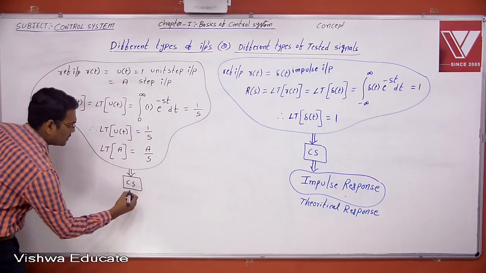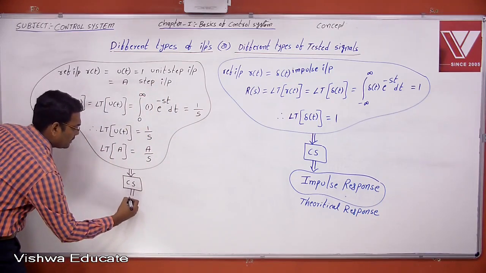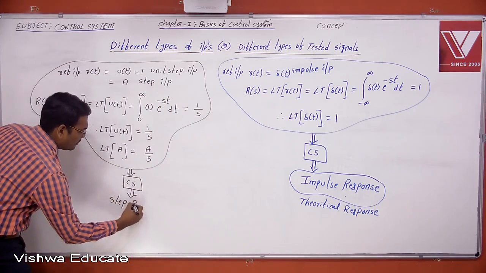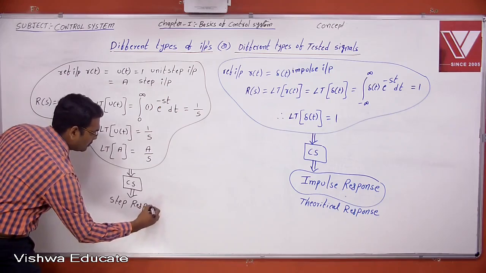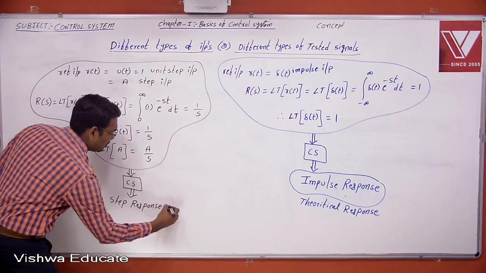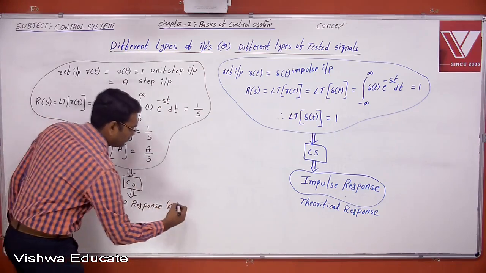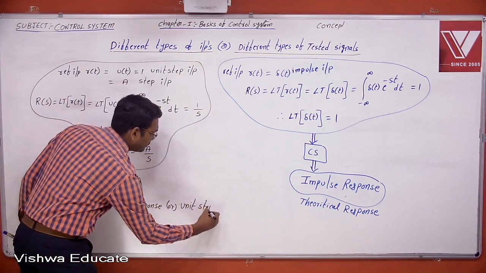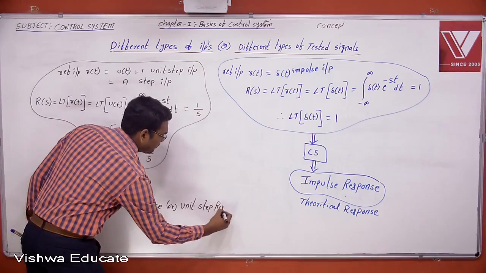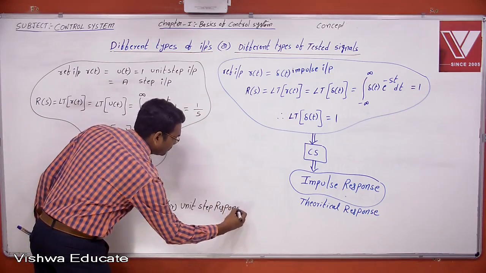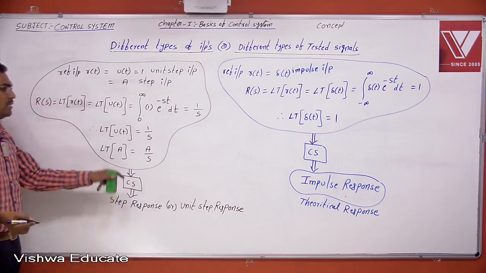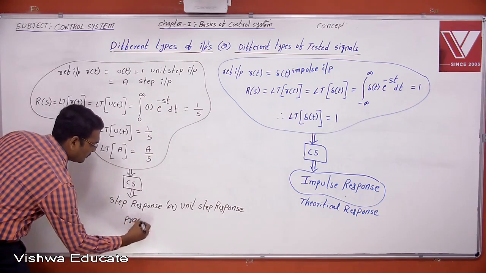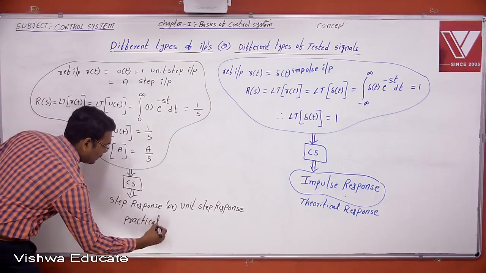Now for a control system, this is called the step response or unit step response, and this is called the practical response.